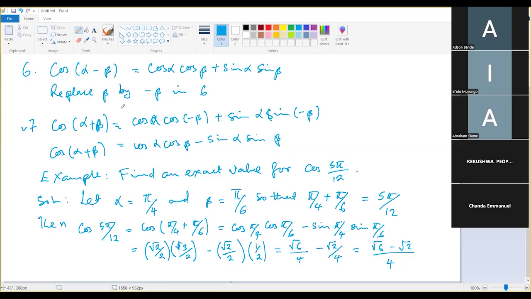Which one? What is cos 5 pi over 12? Someone answered that it is 75 degrees, so I'm confused. Did you attend the first lecture on trigonometric functions, when we were looking at the radian measure? Right, so I don't want this angle to be in degrees because it is given in radians.